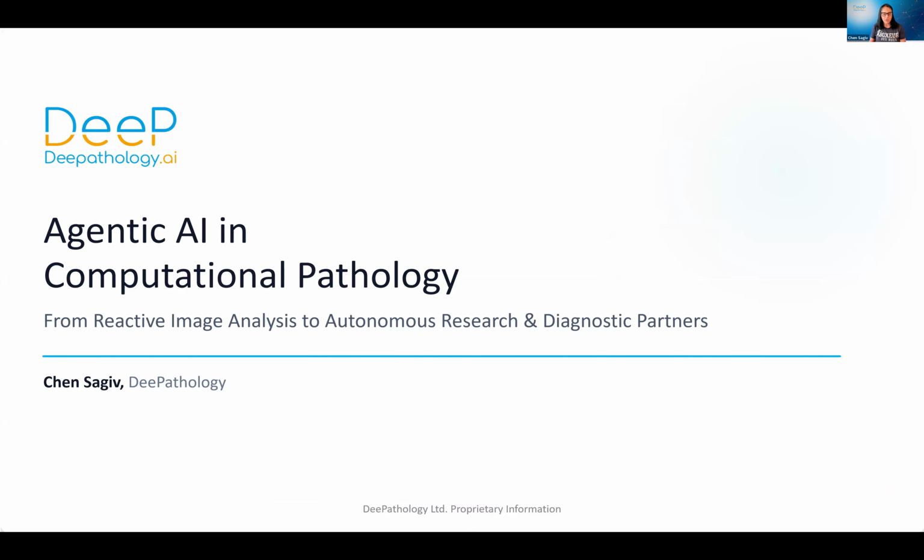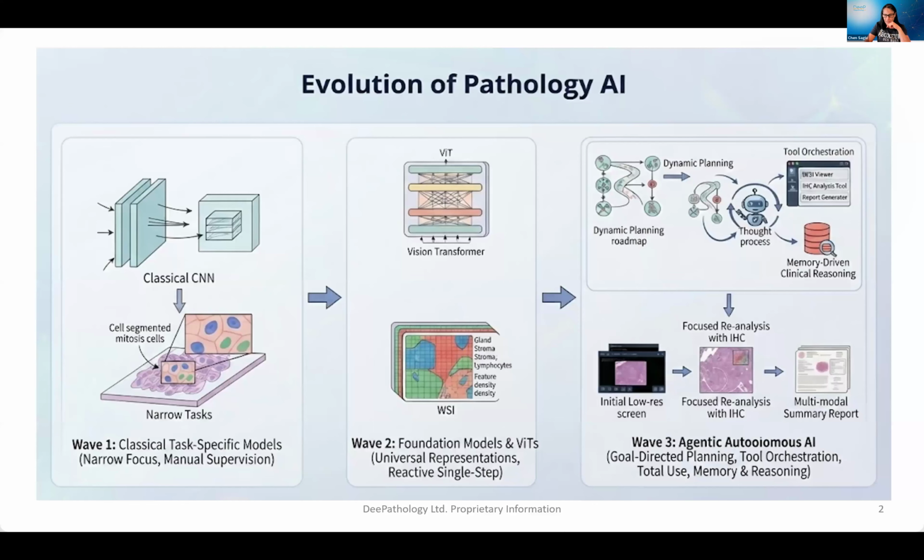Agentic AI in computational pathology, from reactive image analysis to autonomous research and diagnostic partners. This is a very good subtitle, as it really captures the transition that we are experiencing with agentic AI.